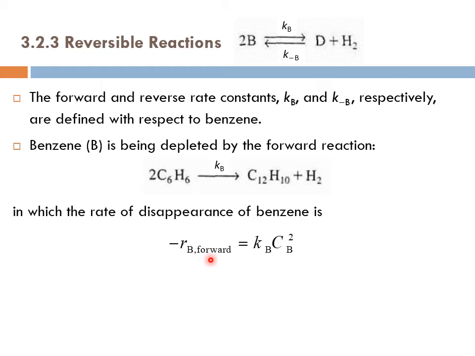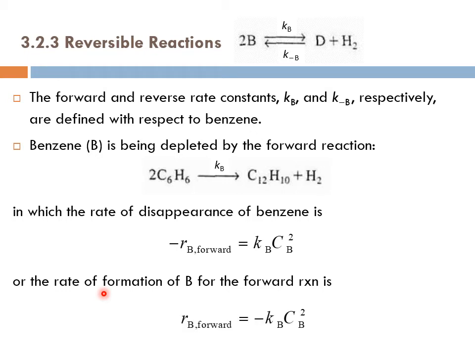It's an elementary reaction, so the rate law would be written as k_B times the concentration of B raised to the power 2. Or the rate of formation of B for the forward reaction is simply written as r_B forward equals minus k_B times C_B squared.